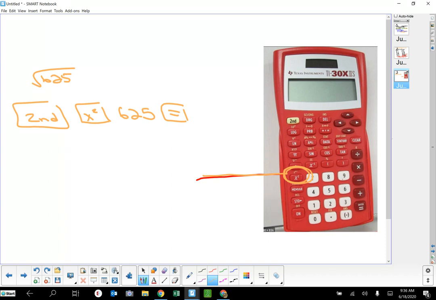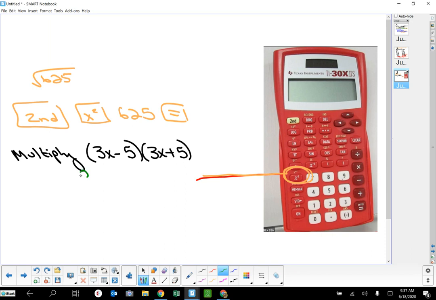Okay, so here's the next thing I want to have you do. I want to have you multiply 3x minus 5 times 3x plus 5. Hit pause, take a minute to do that. And when you come back, check your work.